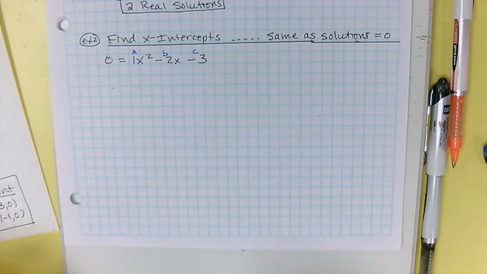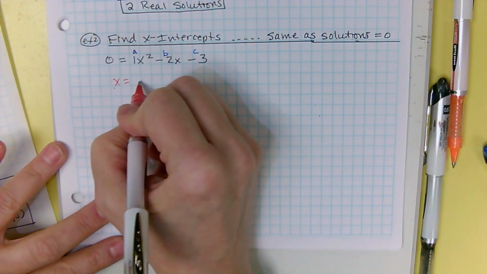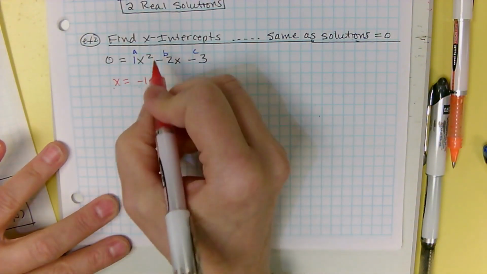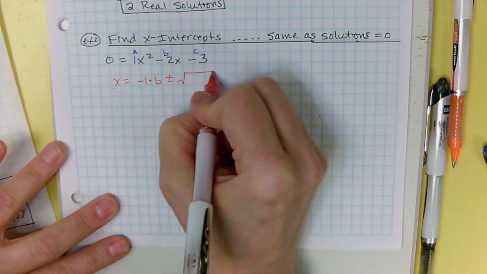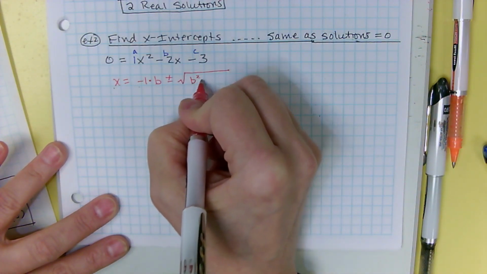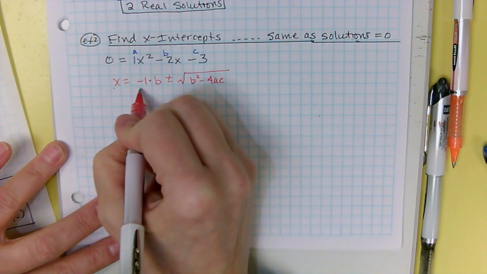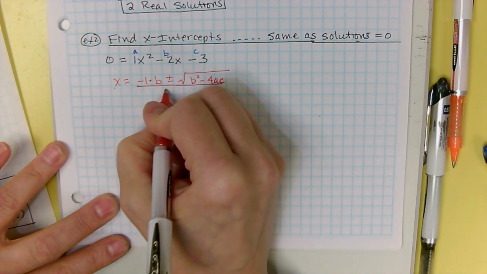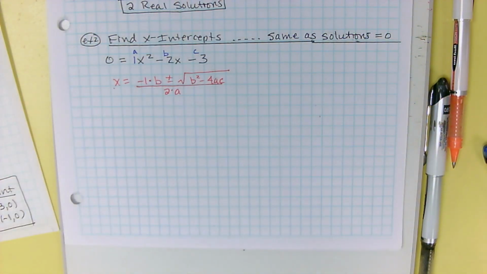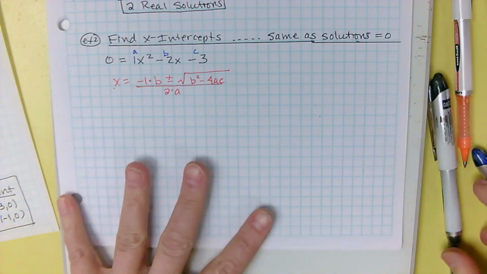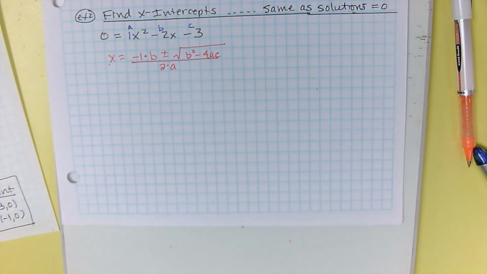All right, let's write the quadratic formula for practice here. X equals -1 times b plus and minus the square root of b squared minus 4ac all over 2 times a. And the more times you write that, the easier it will be to remember it.